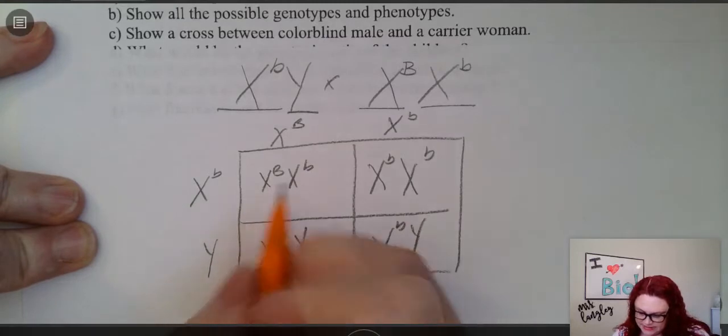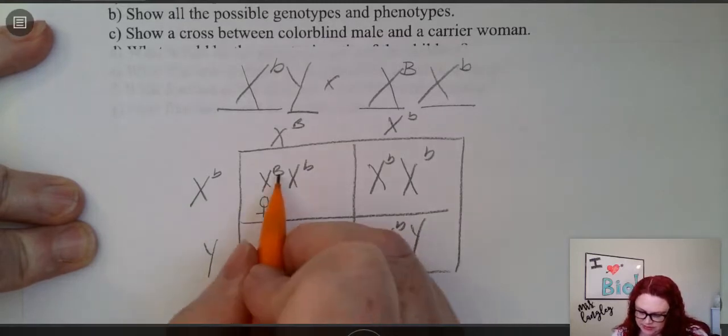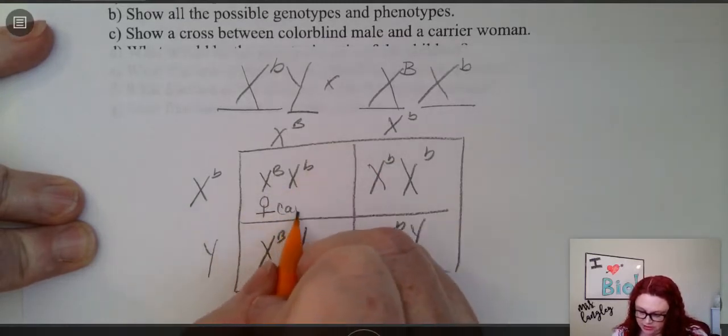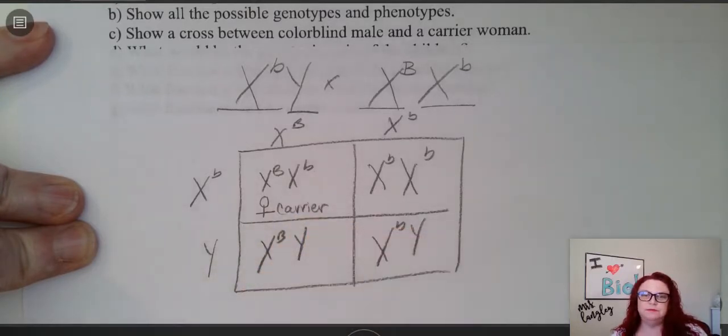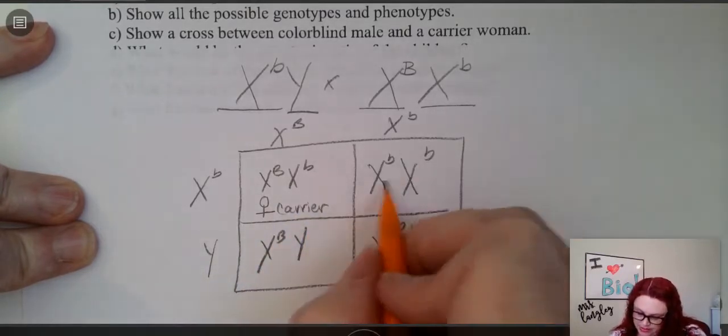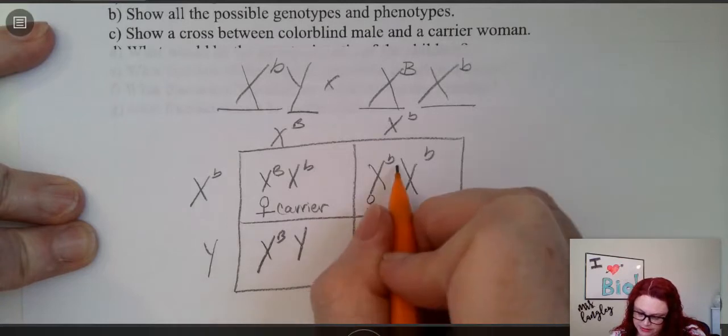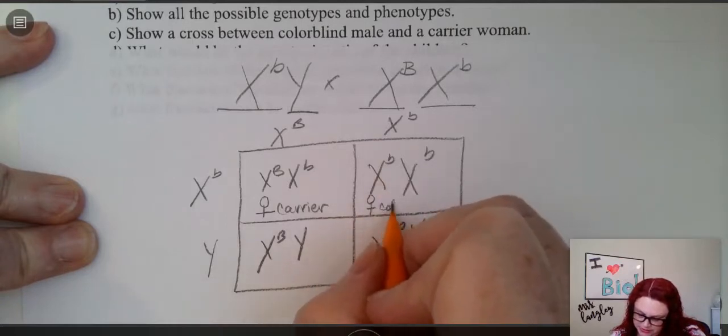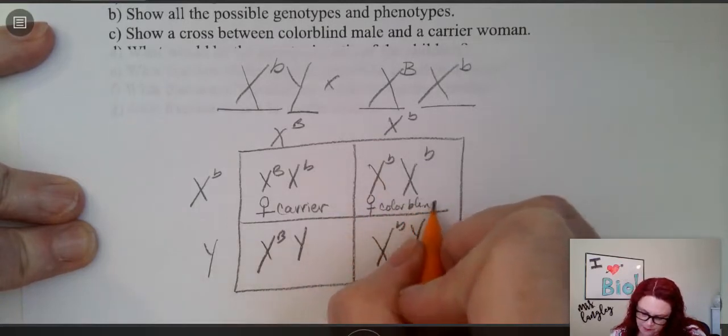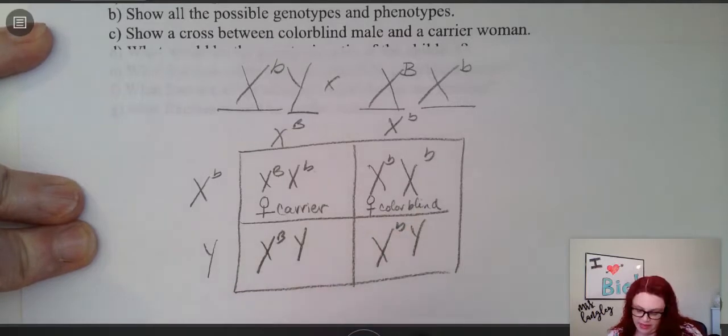Two X's, this is a female, and this has one of each. That makes her a carrier. Two X's is female, but two little b's means they are colorblind. XY means male, big B means normal.